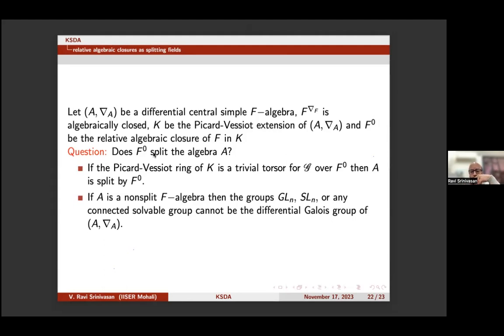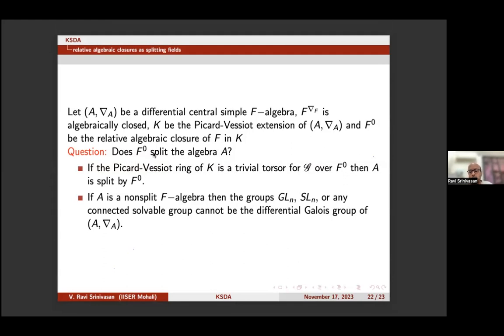Does the relative algebraic closure split A? This is the case when the connected component of the Galois group is solvable. I didn't completely explain that part, but it is built into that theorem.